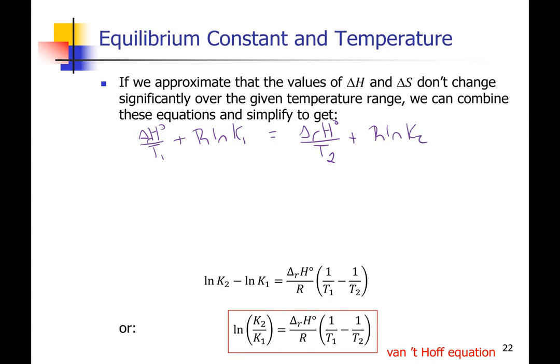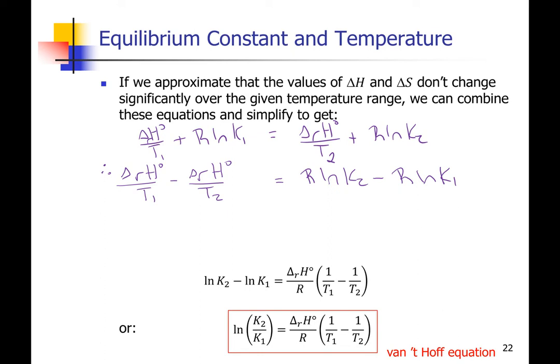And I can therefore group similar terms together. So I put the terms involving the equilibrium constant on one side and the terms involving the temperature on the other side. And that's going to give me the standard enthalpy change divided by T1 minus the standard enthalpy change divided by T2 is equal to the ideal gas constant times natural logarithm of K2 minus the ideal gas constant times natural logarithm of K1.